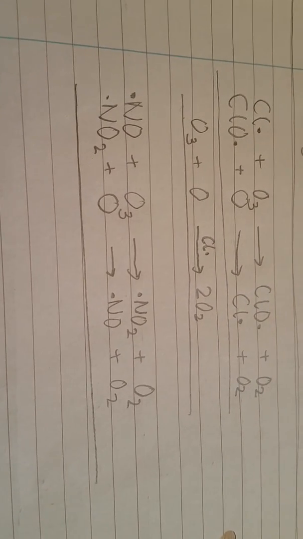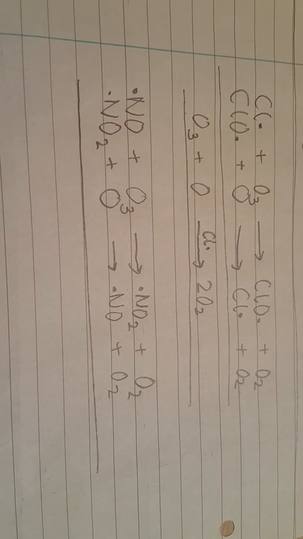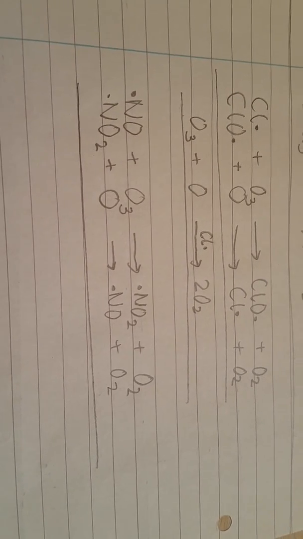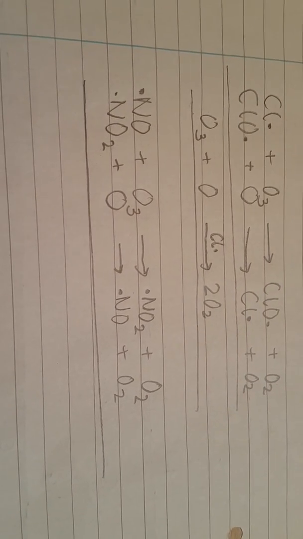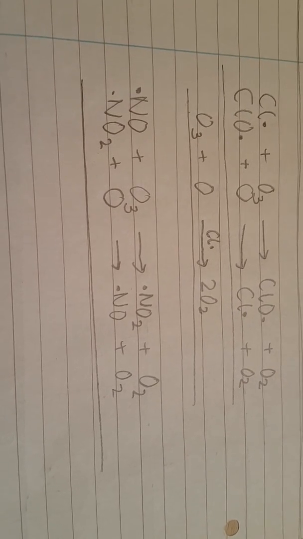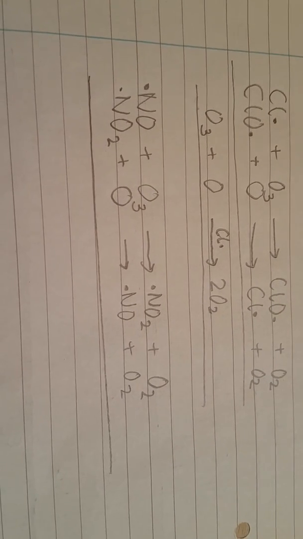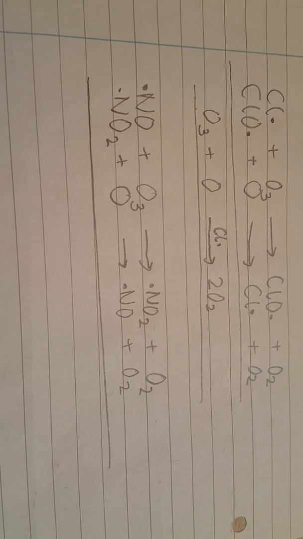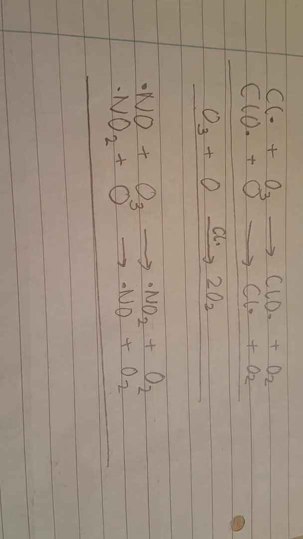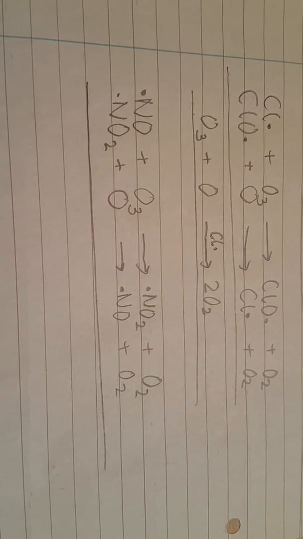Now, you do have to remember both these mechanisms, but it shouldn't really be a case of having to remember two entirely different mechanisms. There are several essential similarities between these two mechanisms.